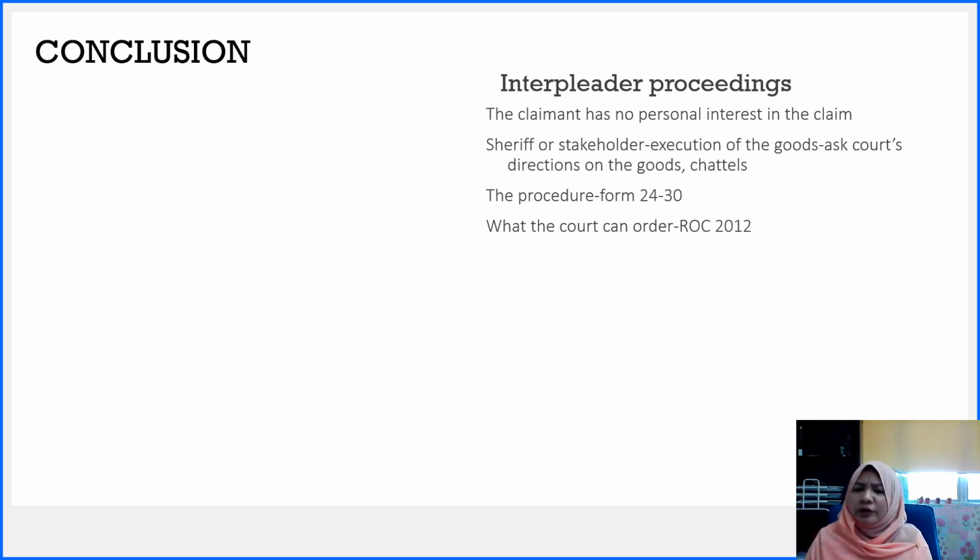And when you say, I would like the court to adjudicate or give an order on my interpleader application, the court will ask you what powers the court can order. So it's good that you are well versed. It's a matter of practice that lawyers should be well versed in what the court can do or cannot do. That is to support your argument for the application.